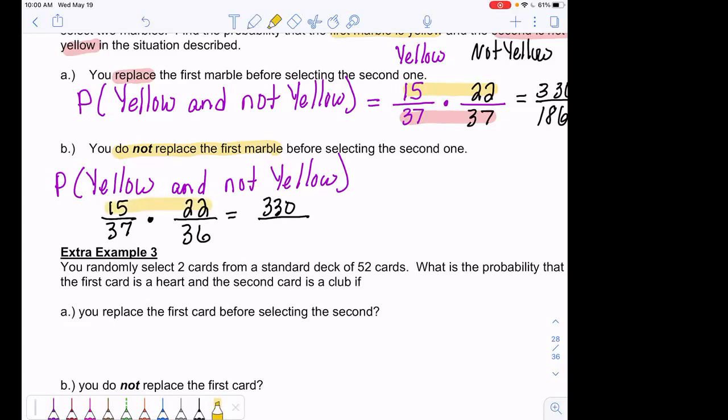Jason, if you multiply across the bottom, we're taking 37 times 36. And does that reduce? Questions? So we're multiplying, but we're changing what's happening.